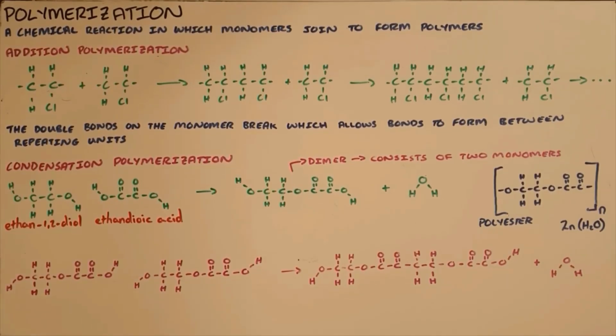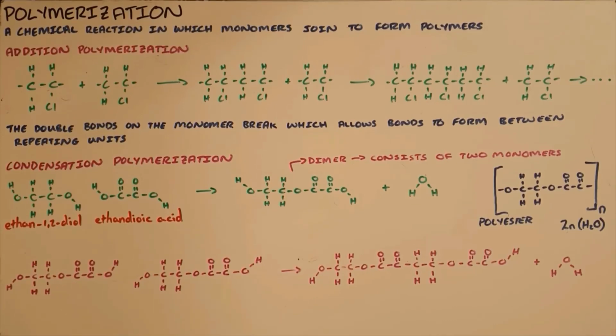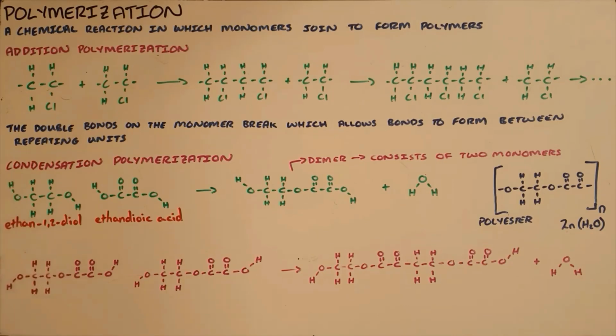Polymerization is a chemical reaction in which monomers join to form polymers, and there are two types of polymerization reactions. First one being the simple addition polymerization, where very simply the double bonds on a monomer break, which allows bonds to form between the repeating units.